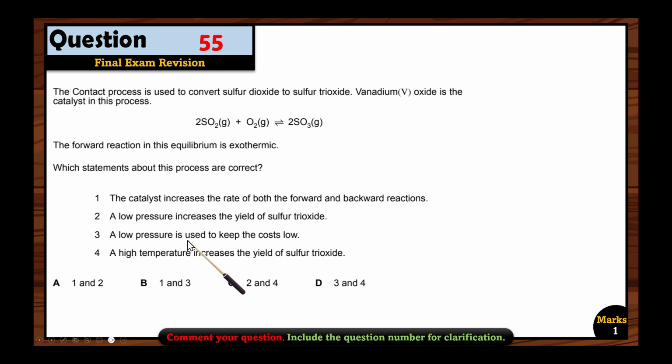A low pressure is used to keep the cost low: yes, usually for industrial processes the pressure is kept low to decrease the cost. So 1 and 3 are right. A high temperature increases the yield of sulfur trioxide: again wrong, because this is exothermic, so increasing temperature will not help. So 1 and 3 are the only right options. That is option B.